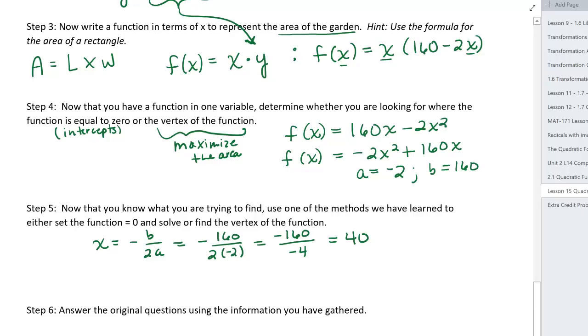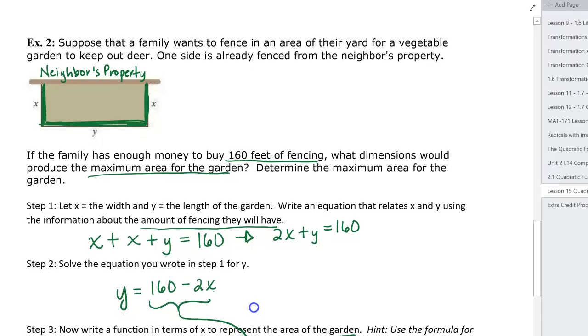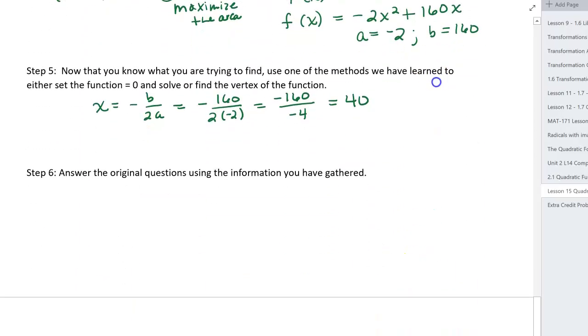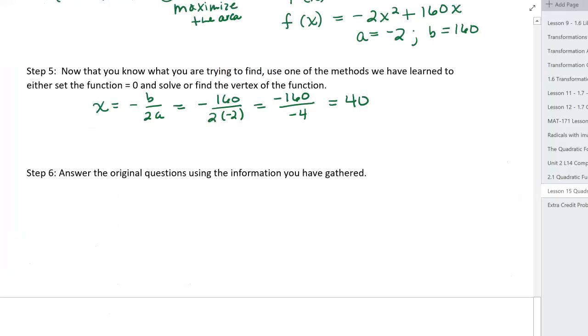So what that means is that the length, let's see, we let x be the width, I believe. Yeah, so x is the width. Sorry about that.